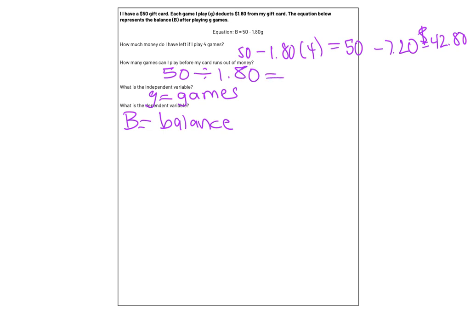So when I do that, I'm going to end up with a decimal, because 50 divided by 180 is 27.7 repeated. But we can't have this decimal, and we can't do a fraction of a game. When you pay for a game at an arcade, you have to pay for the whole game. So you have to go with the whole number. So really, your answer is only 27. You'd say 27 games. Okay?